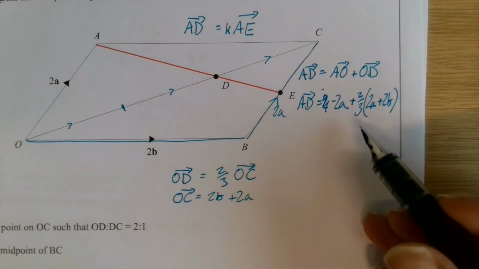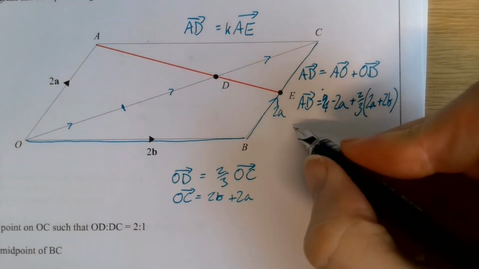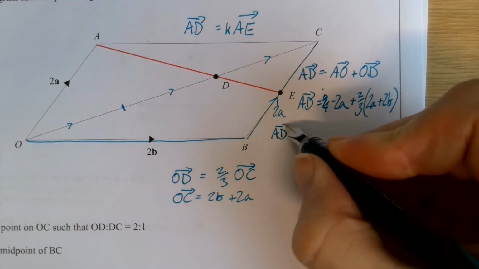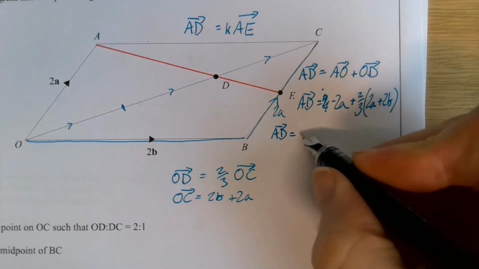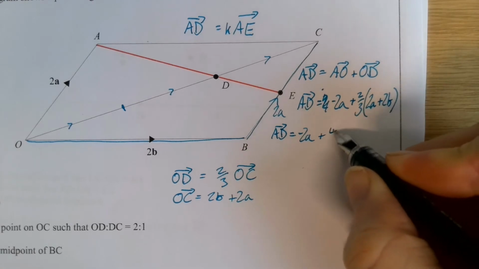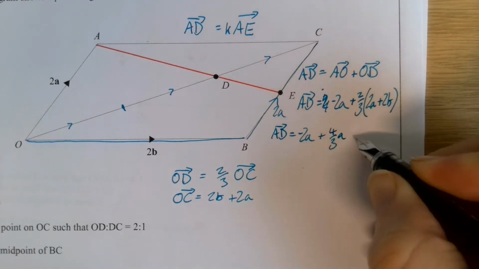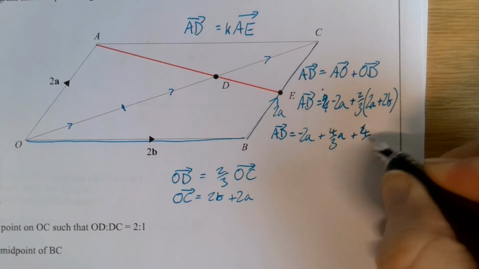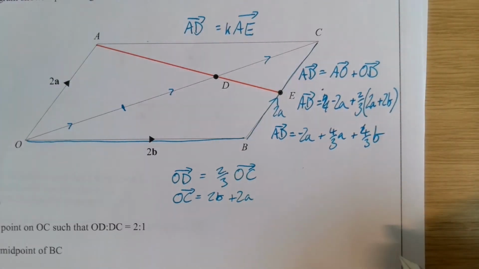And then the thing to do is expand and simplify. So A to D is going to be minus 2A plus 2 times 2/3 is 4/3 of A and 4/3 of B.